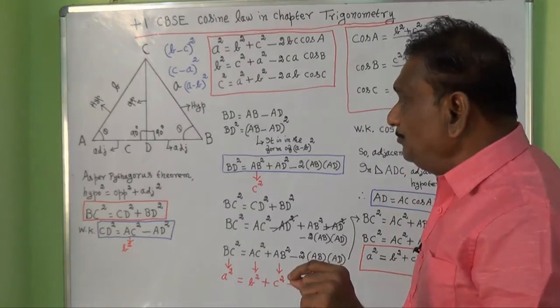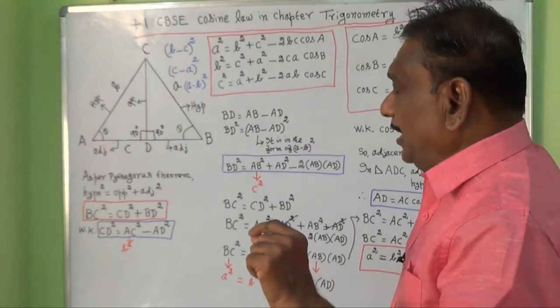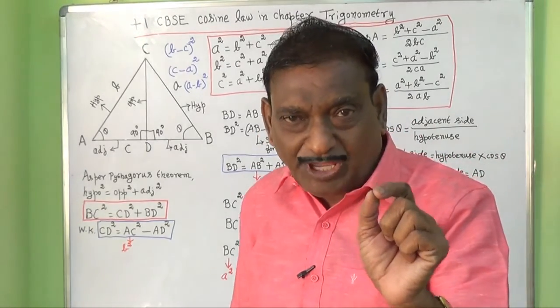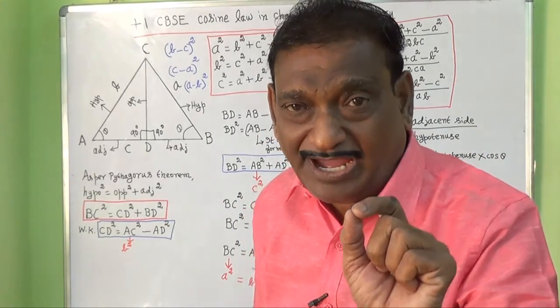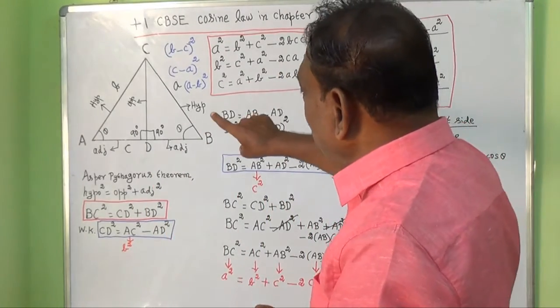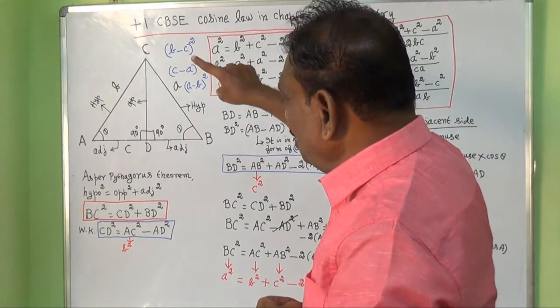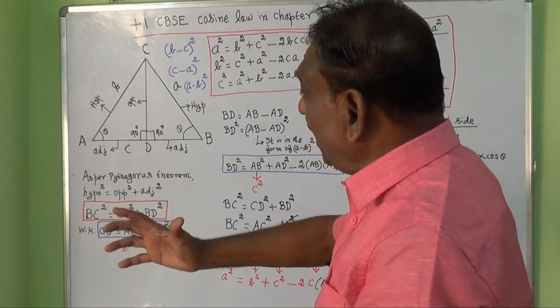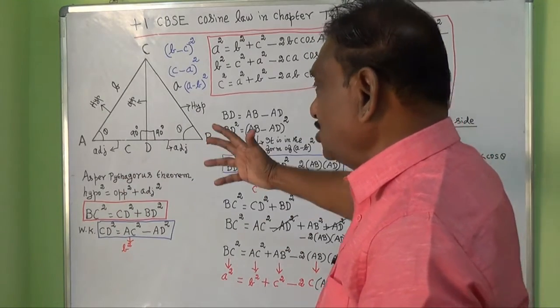So, from the formula hypotenuse square equal to opposite side square plus adjacent side square, we can write the formula for the opposite side square, that is CD square, as hypotenuse square minus adjacent side square.